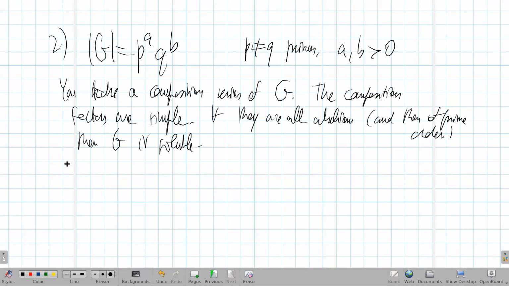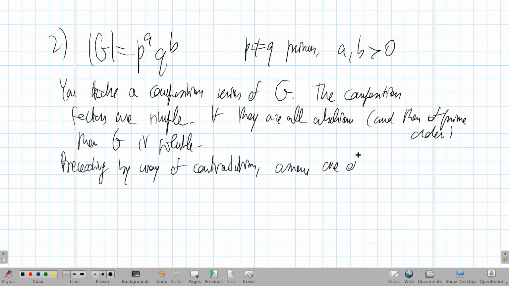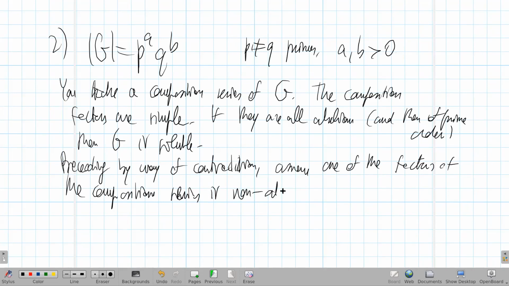So proceeding by way of contradiction, assume one of the factors of the composition series is non-abelian simple. And call it G for simplicity, okay?